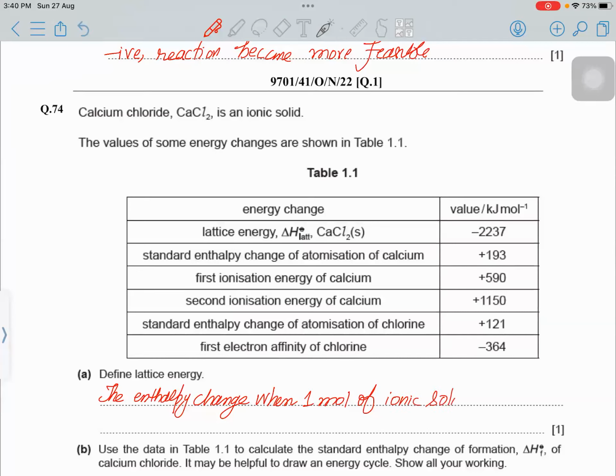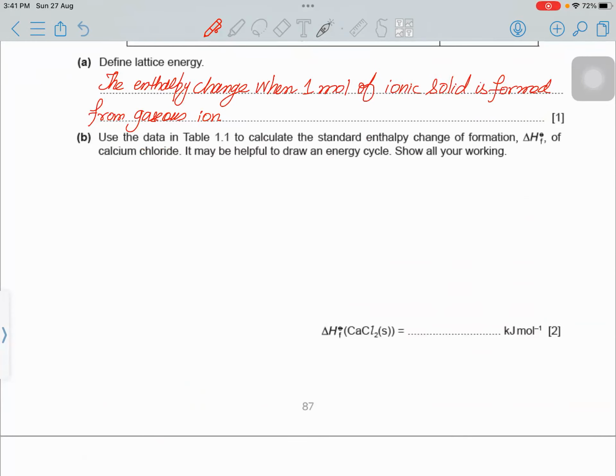This is the enthalpy change, right? Is it correct? Yes, sir.